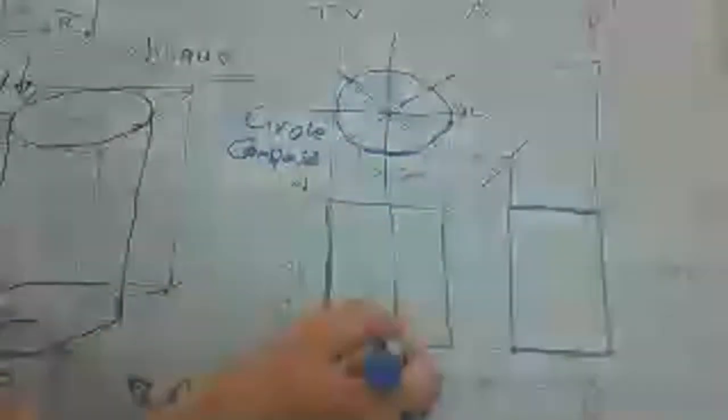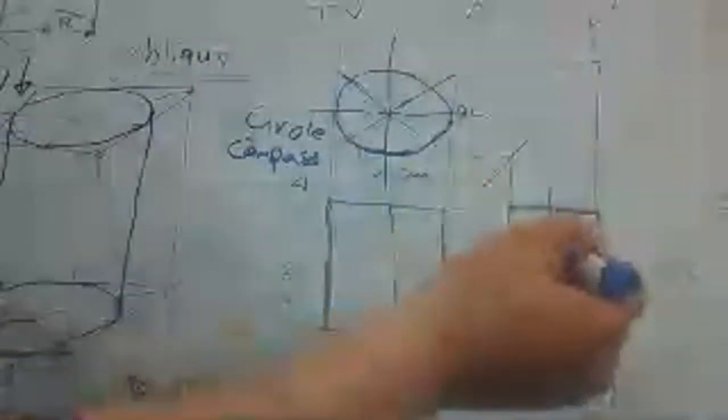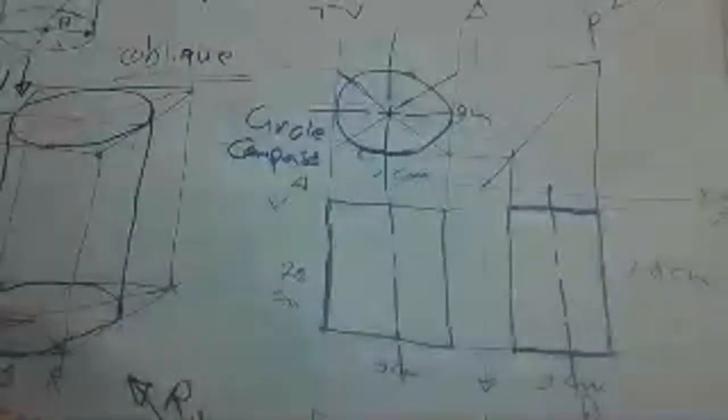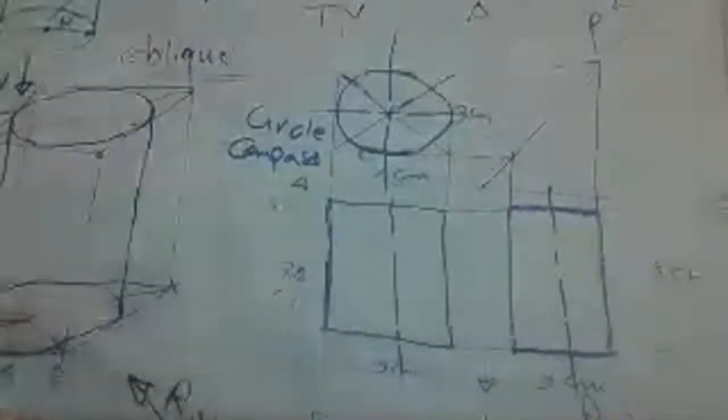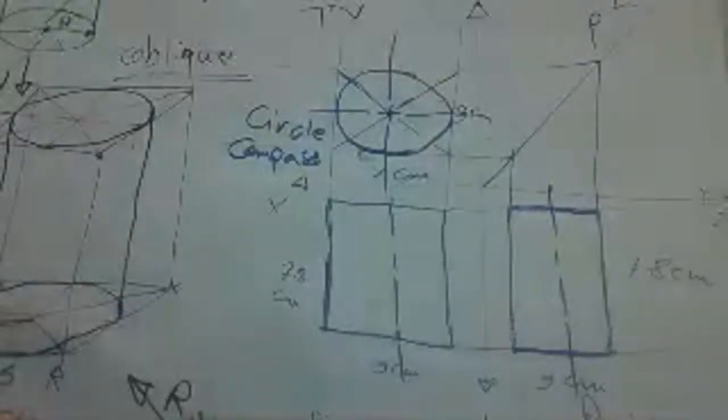Okay. Now, to distinguish between the circle and the rectangle, we have to write here a center point, or center line. That means this is not a rectangle, this is a cylindrical shape. This is a cylindrical shape, okay?